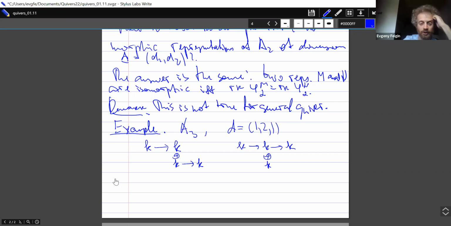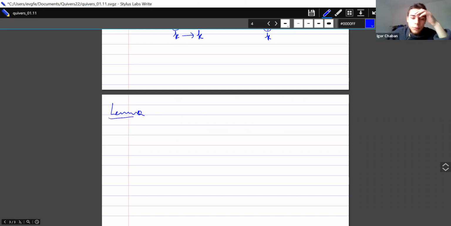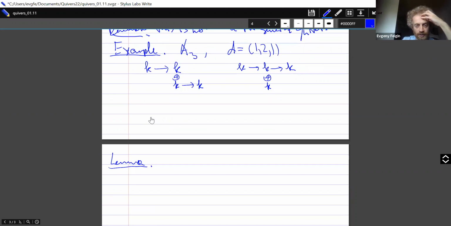Okay, but let's formulate the general lemma. What if we compare all maps for all paths, and if we have two representations that have the same ranks for such maps, will they be isomorphic? Yes, then it's true. But what you said is true in the case of equi-oriented type AN.